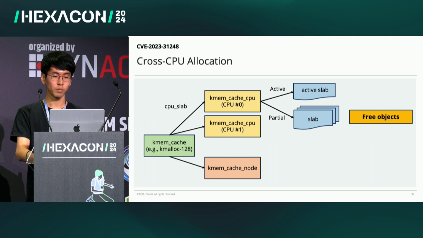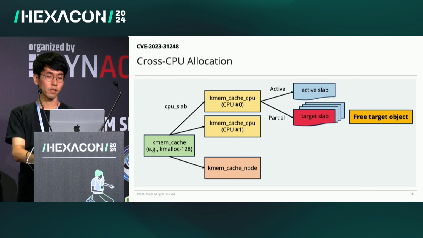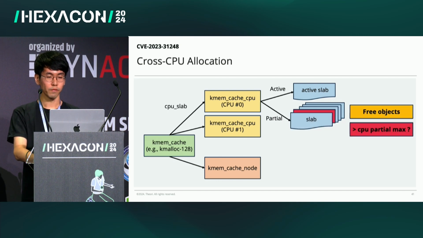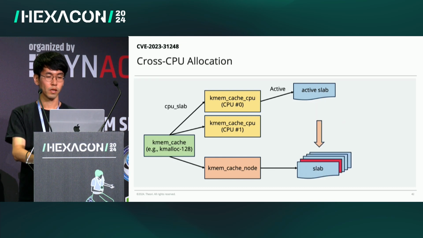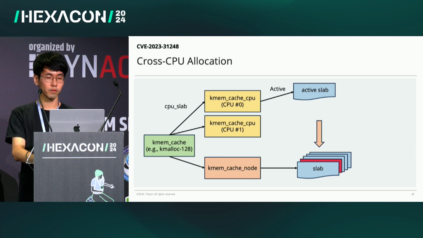First, free the objects corresponding to the target cache, creating a partial list of the CPU that frees the target object. Then, free the objects that need to be reallocated. At this point, the freed objects are put into a partial list. Afterward, if we free more objects, the partial list becomes full, and the full CPU partial list is moved to the node partial list. Now, the UAF object is available for allocation on other CPUs.